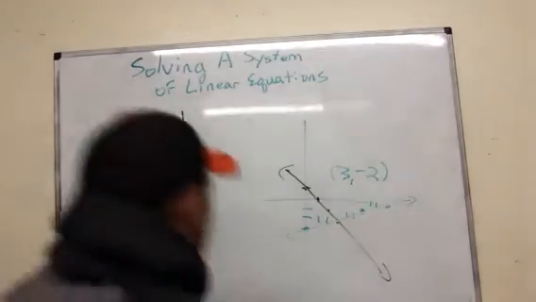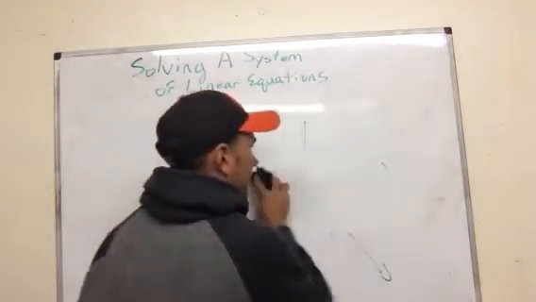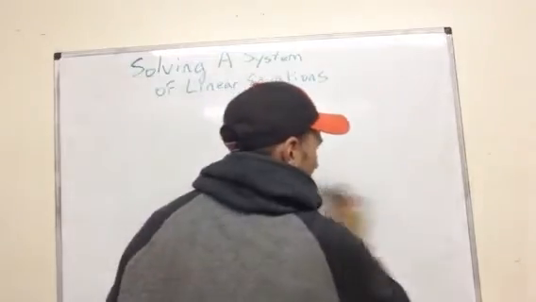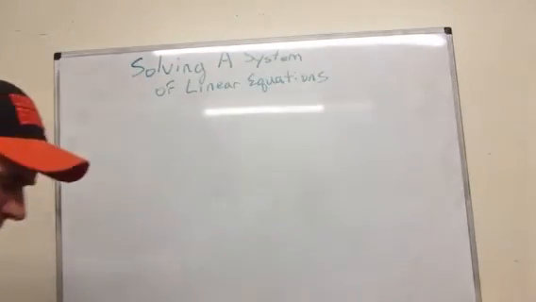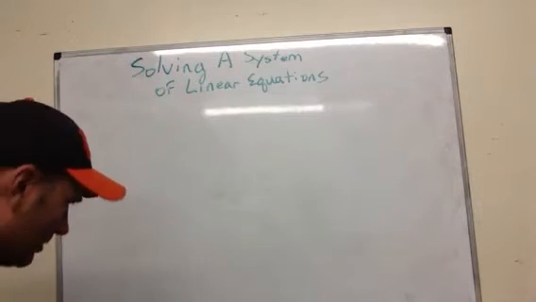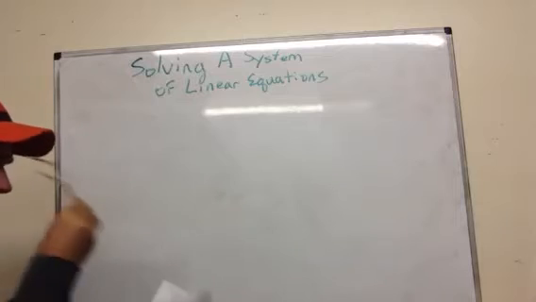Now we're going to look at one that's a little bit different, number 3. So those first two problems ended up with one unique solution because they had different slopes. Now with number 3, these equations are not given in slope-intercept form.